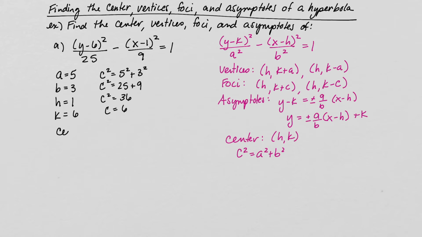So our center is going to be (h, k), so (1, 6). Our vertices are going to be h, so 1, comma k plus a, so 6 plus 5, and (1, 6 minus 5).